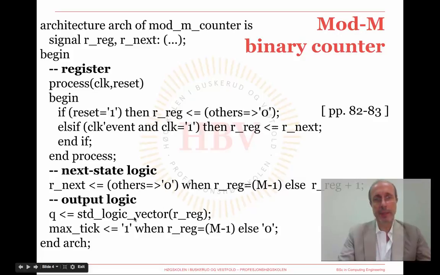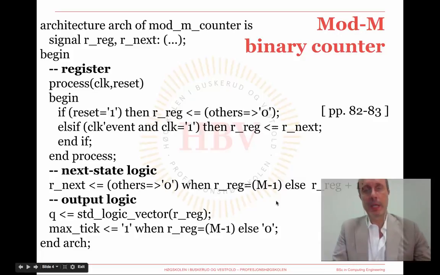But the corresponding statement is very much self-explanatory, as you can see here. So the next value will be defined as 0 whenever the current counter outputs reach the limit that was defined for the modulus counter.